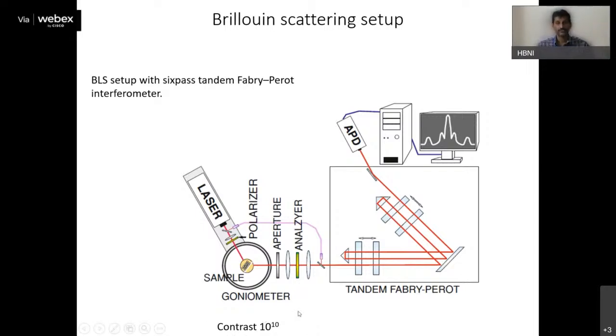One requires a contrast of the order of 10 raised to power 10, which is achieved by putting Fabry-Perot interferometers in tandem. You use two Fabry-Perot interferometers, and the beam passes 6 times, which gives a very high contrast, so that one can detect this change in the frequency of the photons due to the Doppler shift.